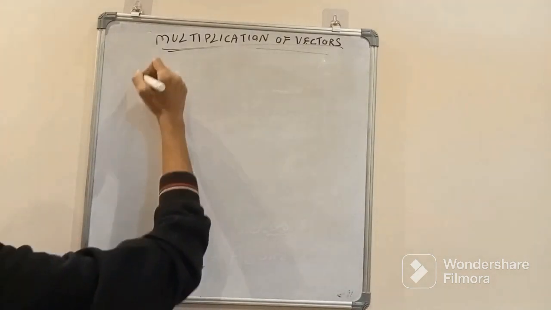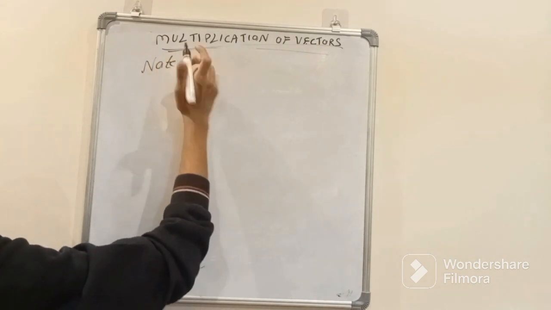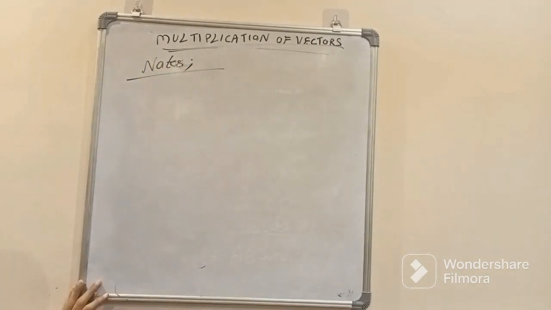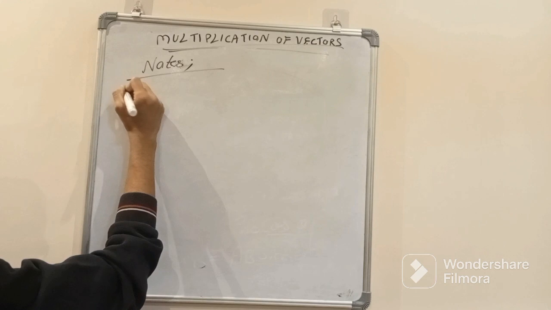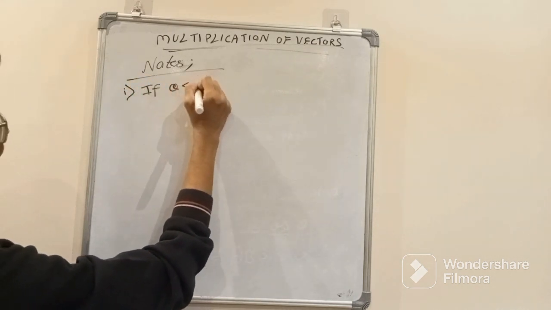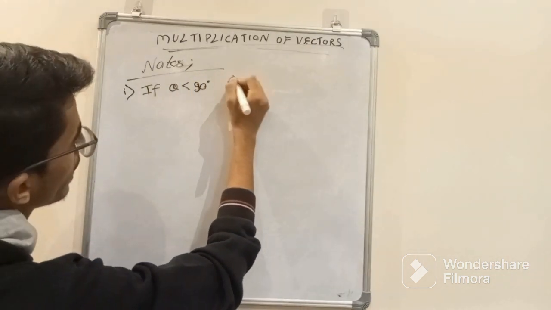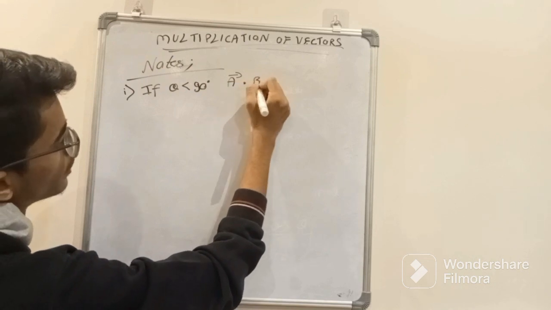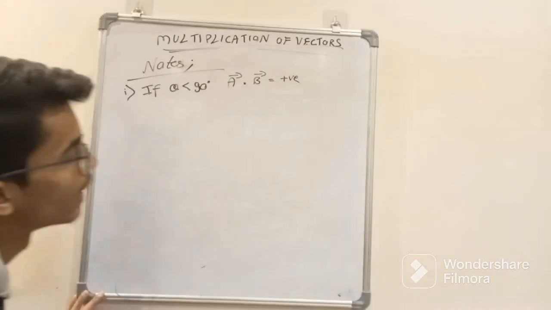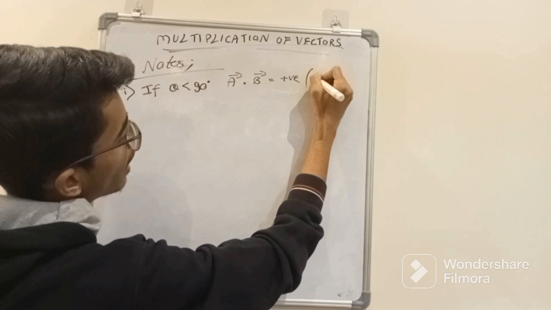So now let's discuss few points. Before proceeding further, let's discuss some points. First, if theta is less than 90 degrees, a vector dot b vector is positive. That means a vector और b vector के बीच जो angle होगा, that will be acute.